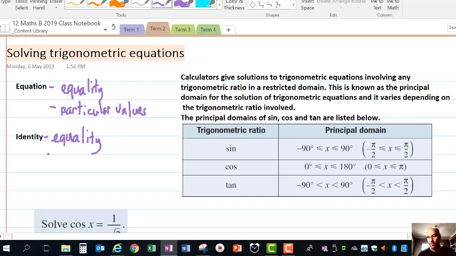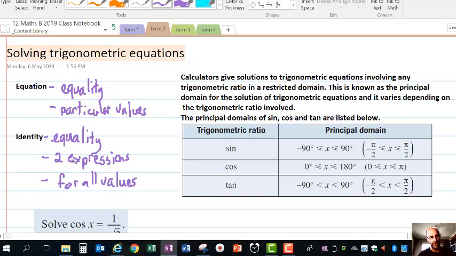An identity is true for two expressions or more. So it's equating two expressions, and it happens to be satisfied for all values of the variable.